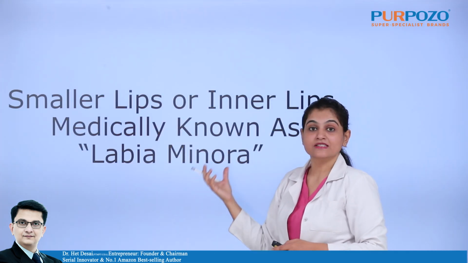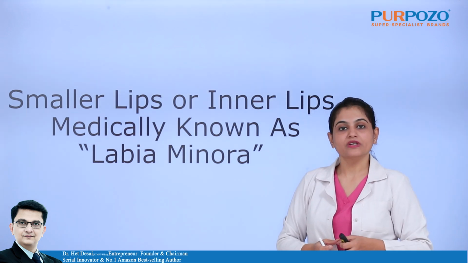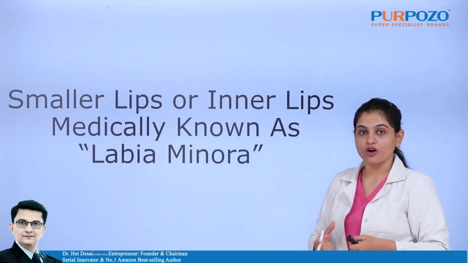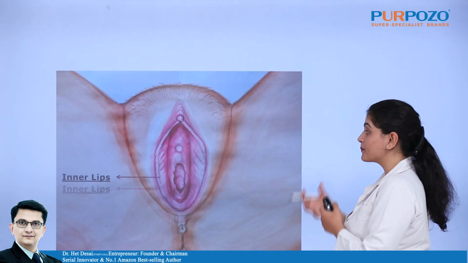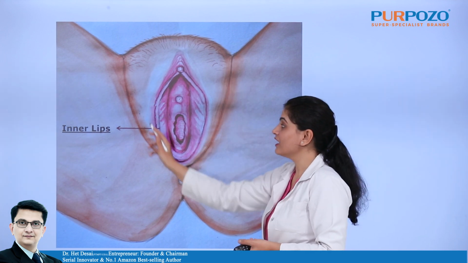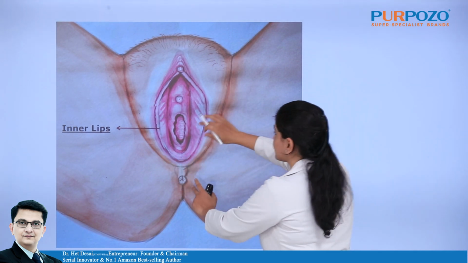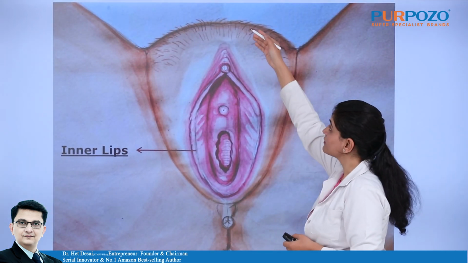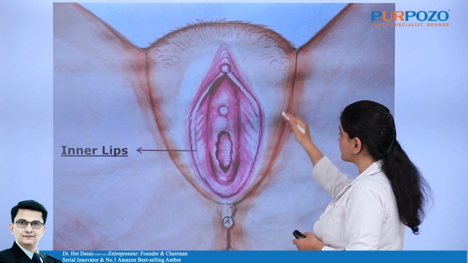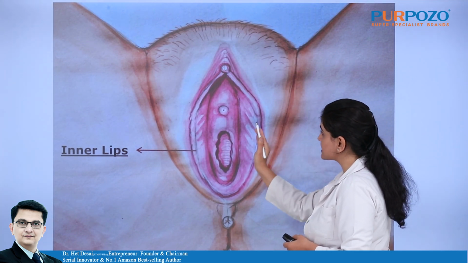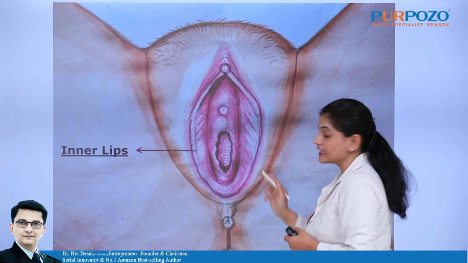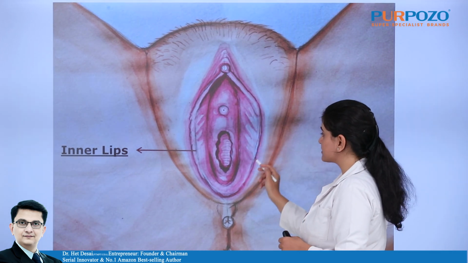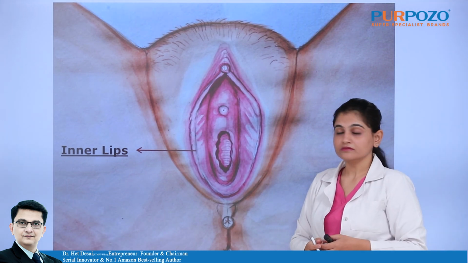And then come the smaller lips or the inner lips, which are medically known as the labia minora. The labia minora are the structures which are present inside your outer lips. We understand the Mons, we understand the outer lips, and just inside the outer lips we have the inner lips, right and left.